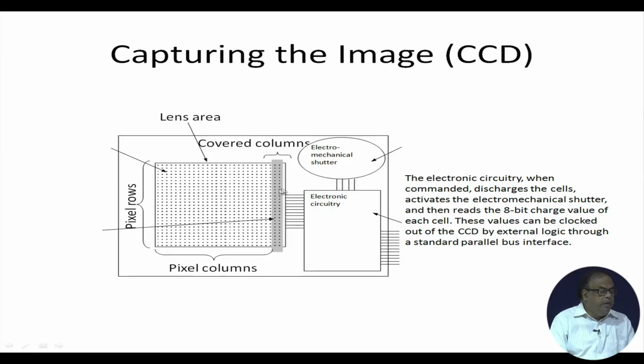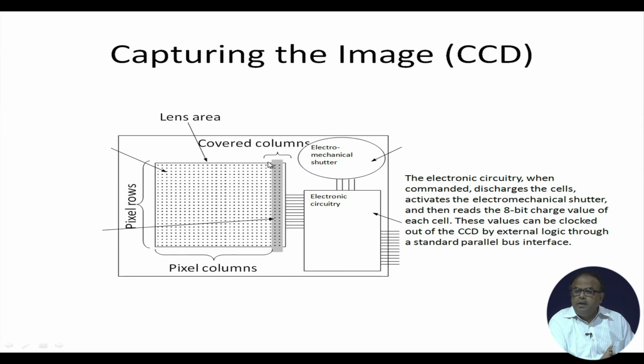So, 255 will be the highest extent of incidence or intensity, and 0 will be the least. And this electronic circuit will read those, and also it can be used to discharge these cells. Now, most importantly, you have to look at this.